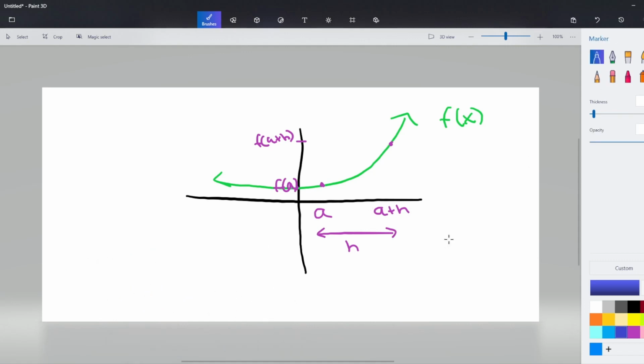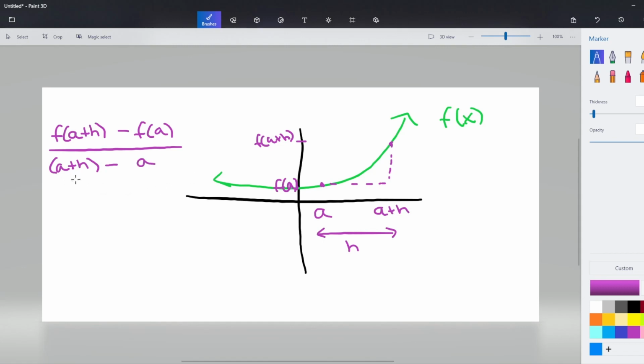Now, to find the average rate of change, what we're going to do is the change in y over the change in x, right? So the y of this will be f of a plus h, minus the y of our point here, which would just be f of a, over our x of our second point, a plus h, minus our x of our first point, a.